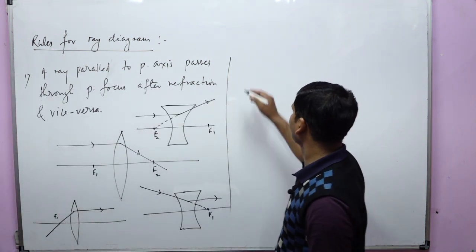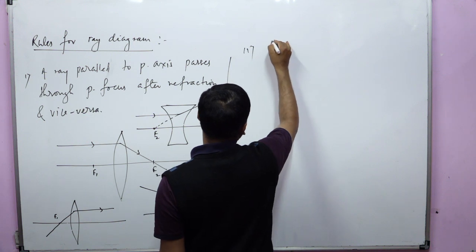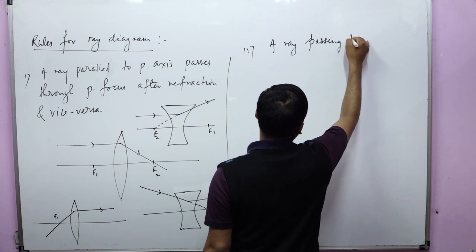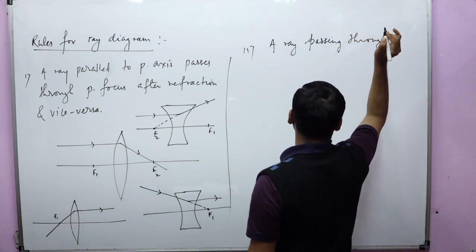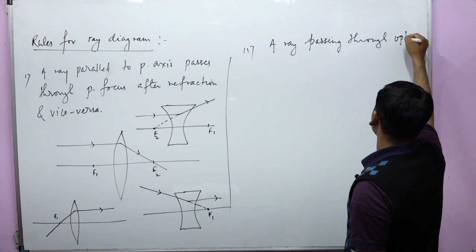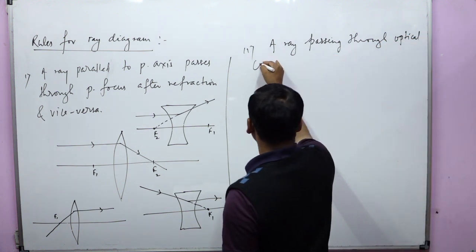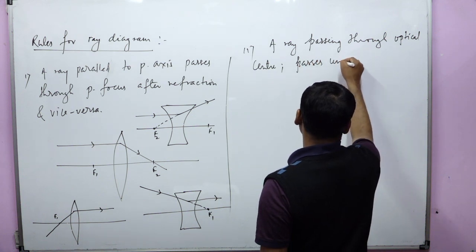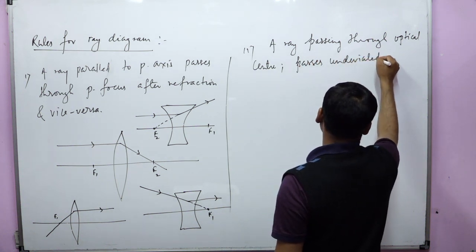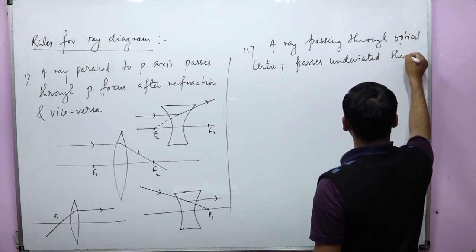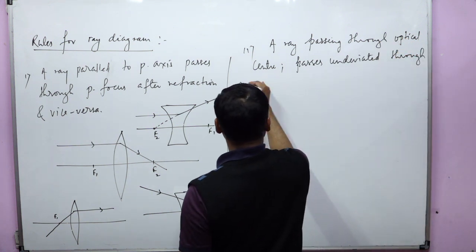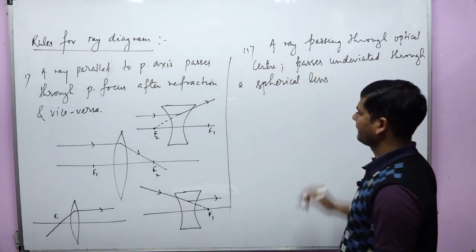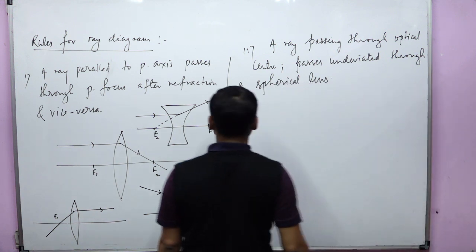Second rule we have: a ray passing through the optical center passes undeviated through a spherical lens. Let us understand this with the diagram.